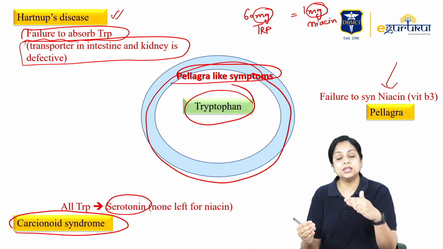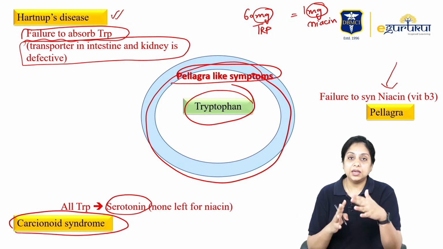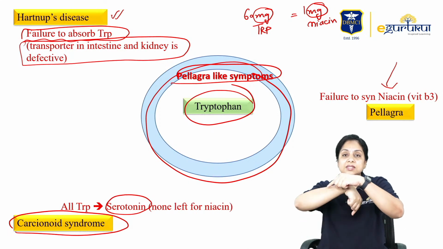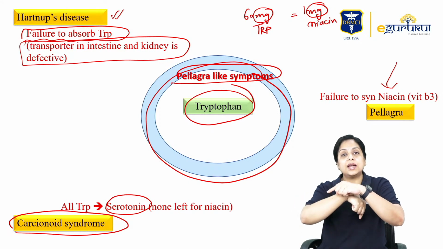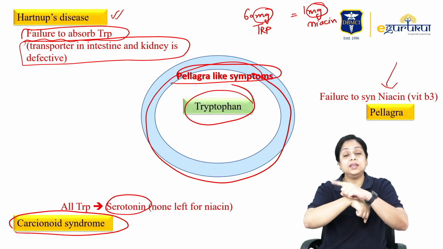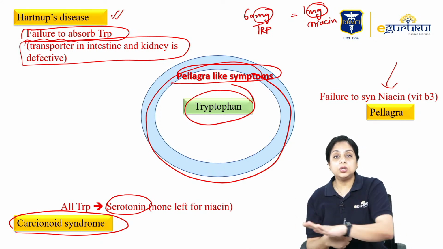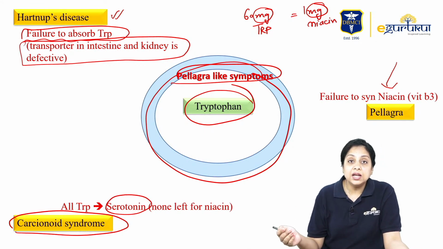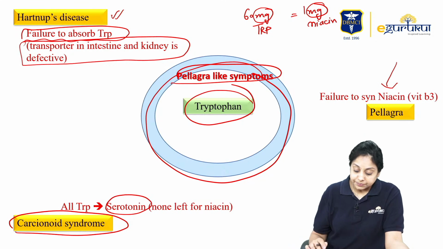There are other things it forms that we have discussed, but here majorly remember 2 things, either serotonin or niacin. If it is balanced, both will be balanced. In carcinoid syndrome, the serotonin gets greedy, so all of this will be routed towards serotonin. So there is no tryptophan available for the synthesis of niacin, hence you will see Pellagra-like symptoms.